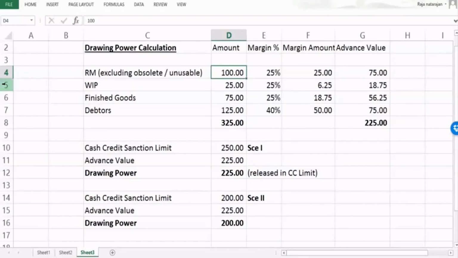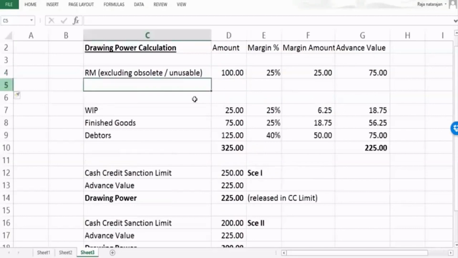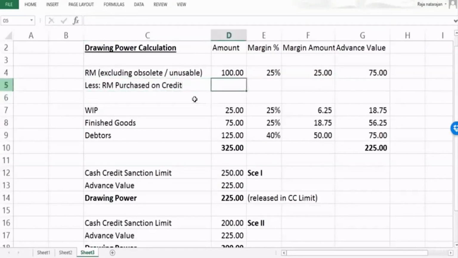Okay, so let me just introduce two rows. Here I'm going to say less raw material purchased on credit. Let's say of this 100, I have raw material worth around 40 which was purchased on credit.